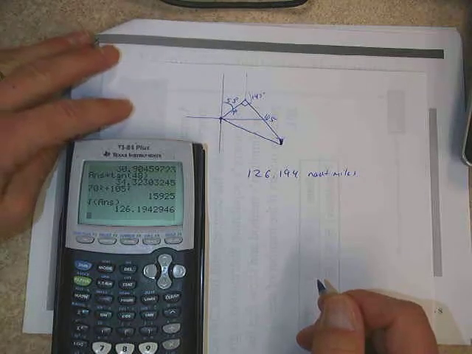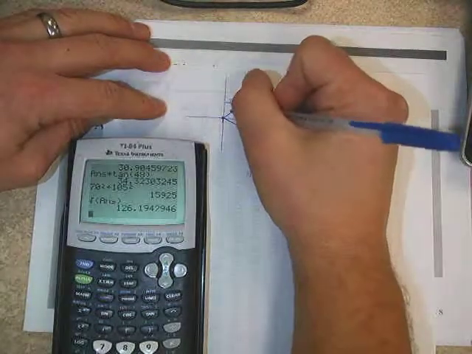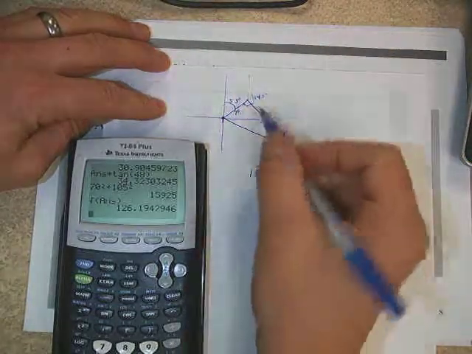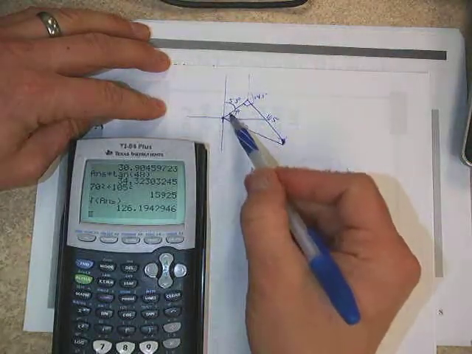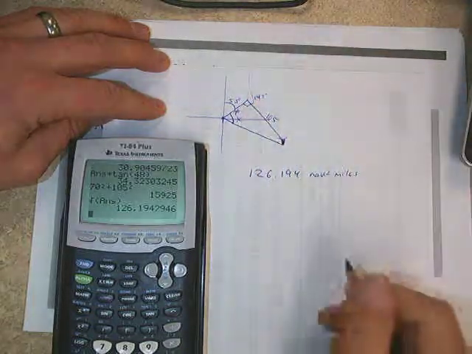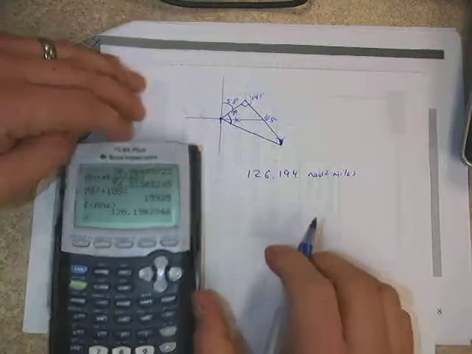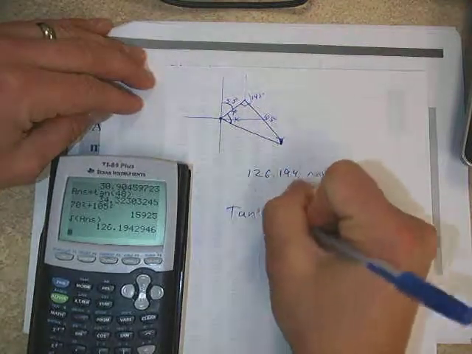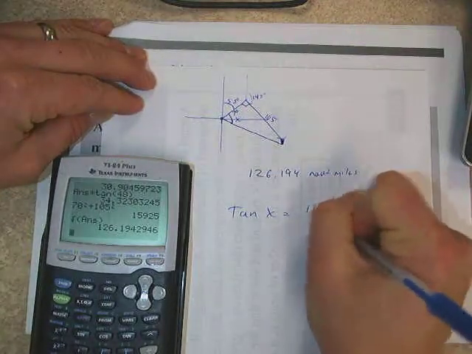All right. And then ultimately the question, what about the bearing? We already know that the bearing is going to be from the north, so it's going to be 53 plus something. It's going to be plus this angle right here, which we don't know. I'm going to call it x in my drawing.